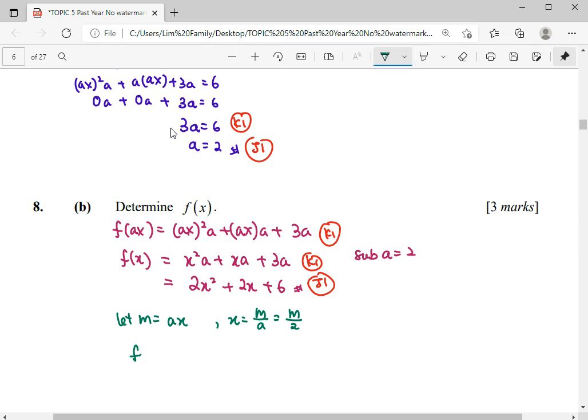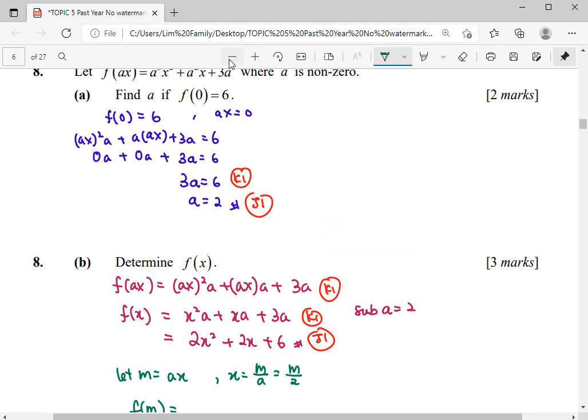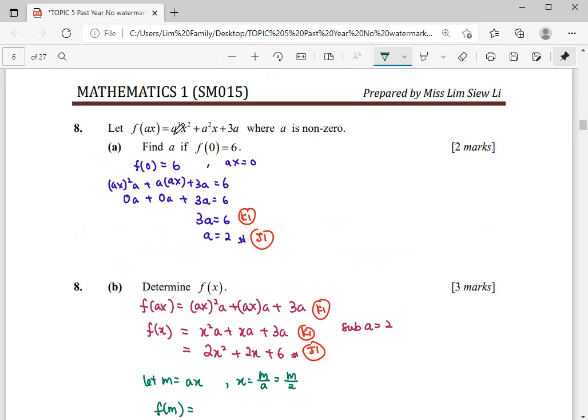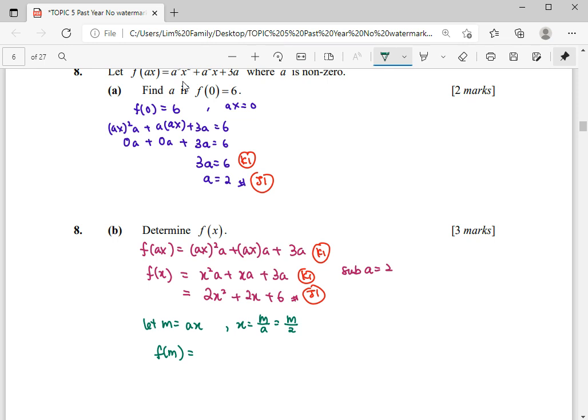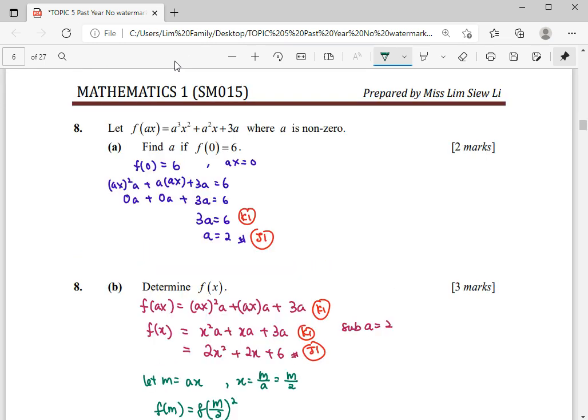Alright, so it will become f(m) equals to, what's your a? Your a is cubed, so it will be 8x squared. Okay, so a is 2, 8. Then x is m over 2. Then continue, a is 2 squared, 4.